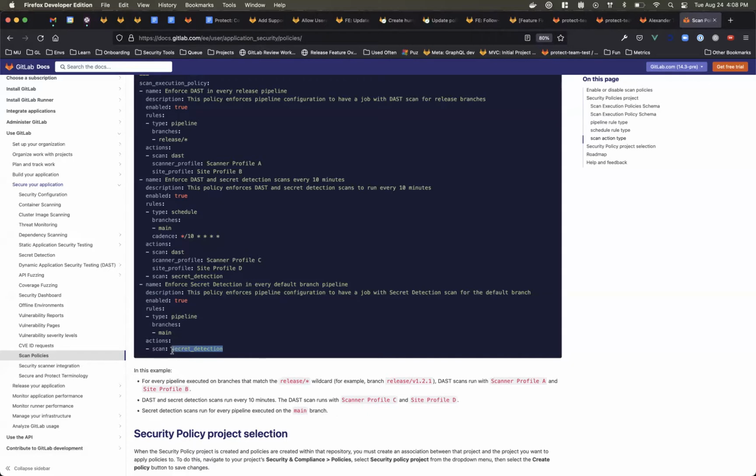But you're saying instead of secret detection here, it's going to say SAST analyzers. Just SAST. Yep. Okay. The only other difference is, under DAST you have support for scanner profile and site profile. You would have support for one variable under a SAST scan called excluded analyzers or something like that. We'll figure out the exact name.